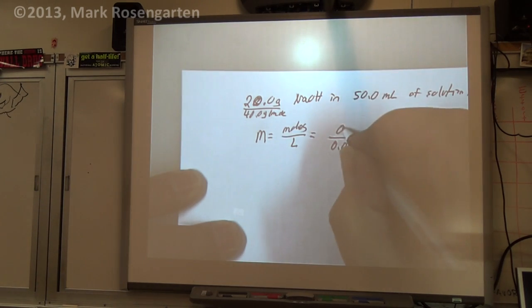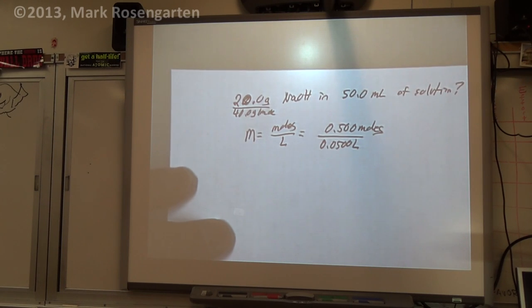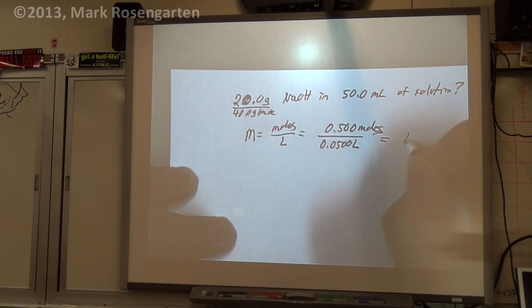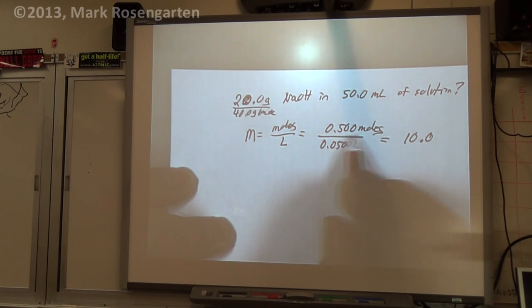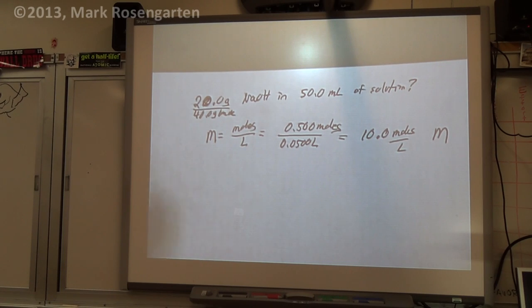Oh, that's convenient. That's 0.500 moles. I don't even need a calculator for this. Lucky day. Over 0.0500 liters is 10.0, because 3 sig figs, and this will be in moles per liter, or you can use capital M instead. Capital M is an abbreviation for moles per liter.